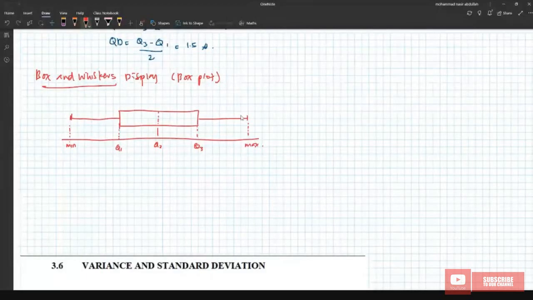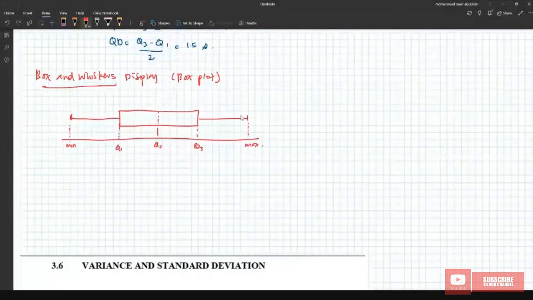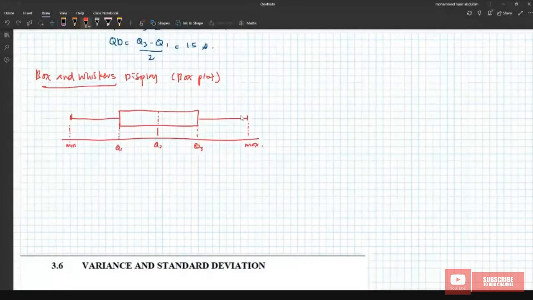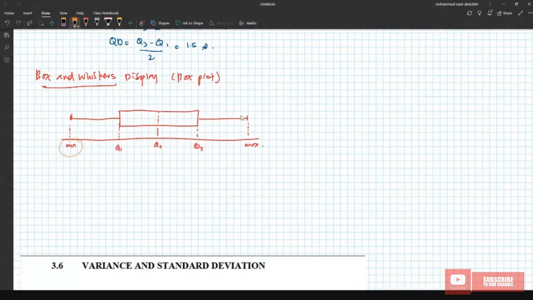Okay, so to construct a box and whisker plot or box plot, you need these 5 elements. The first values that you need to find are the minimum value, quartile 1, quartile 2, quartile 3, and the maximum value.